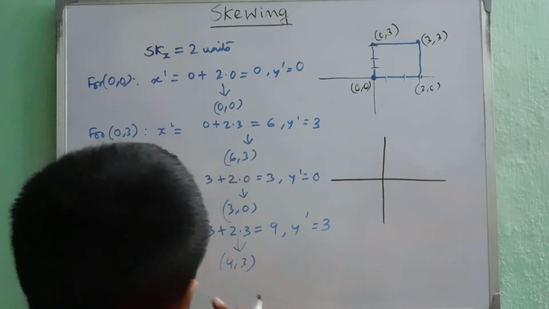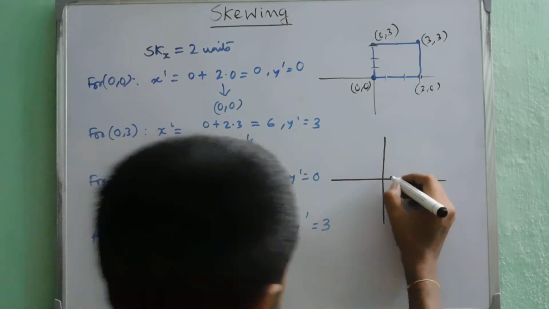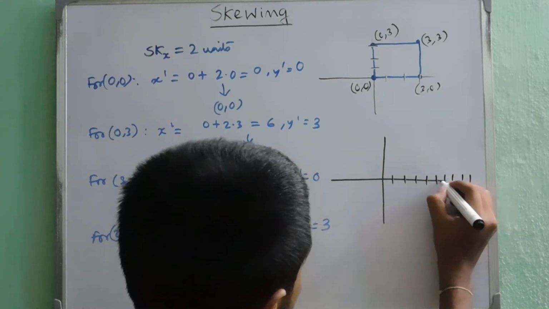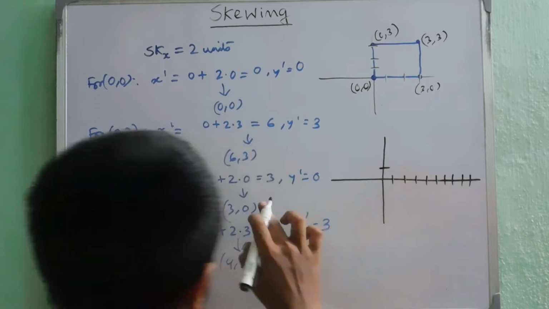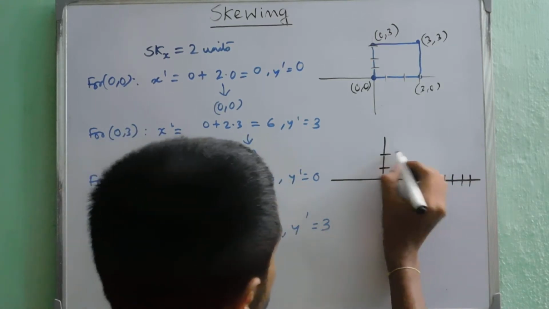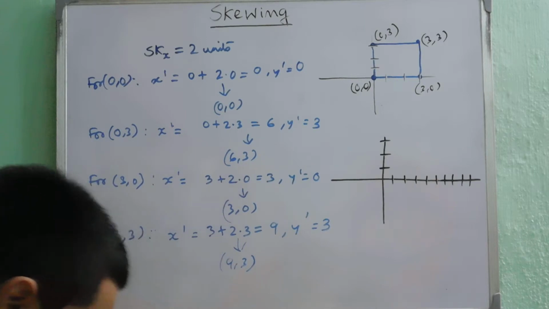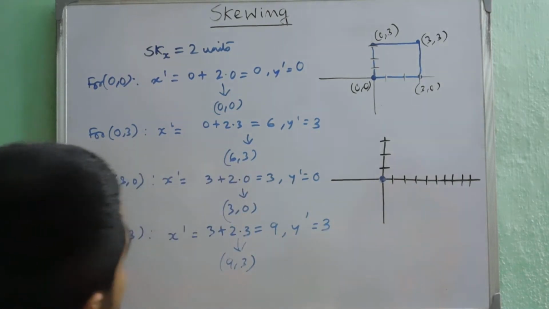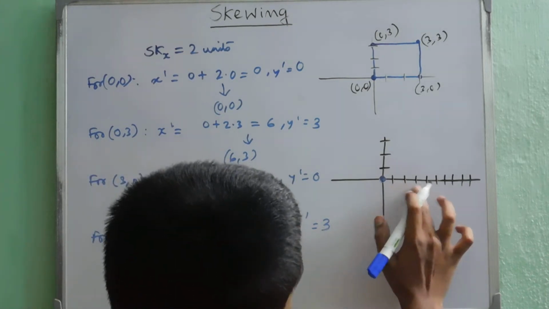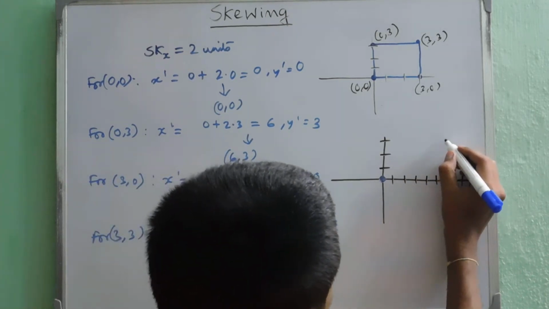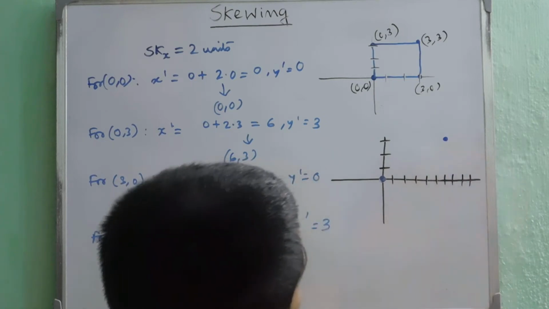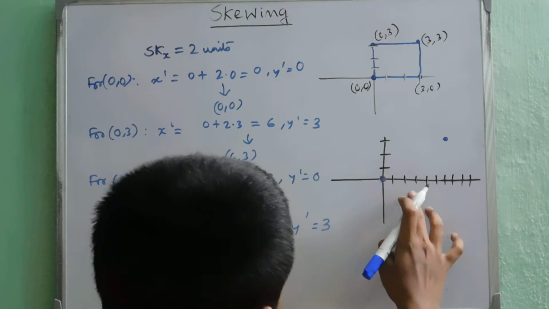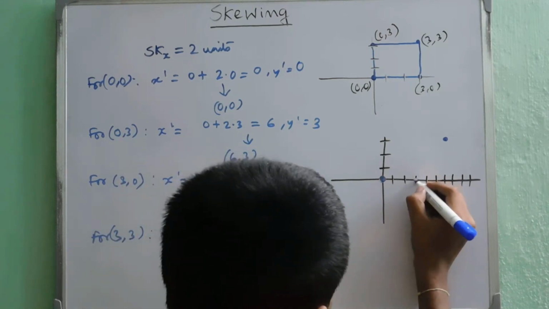For x we have a maximum of 9, and for y we have a maximum of 3. Let's plot. First one is at 0, 0. Then we have 6, 3, so 1, 2, 3, 4, 5, 6, that means it will be here. Then 3, 0 means here.